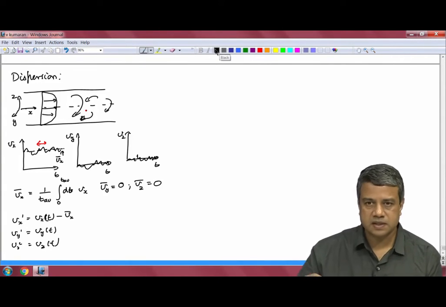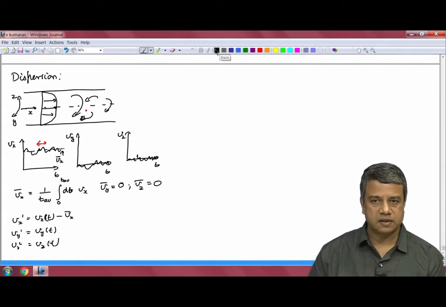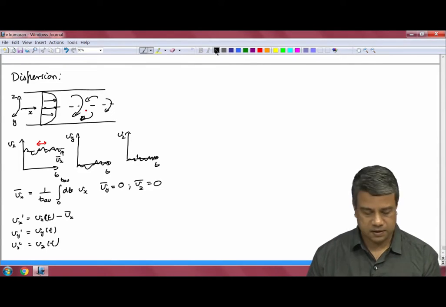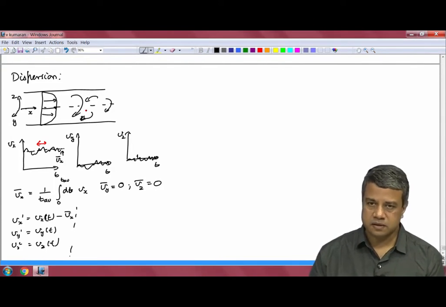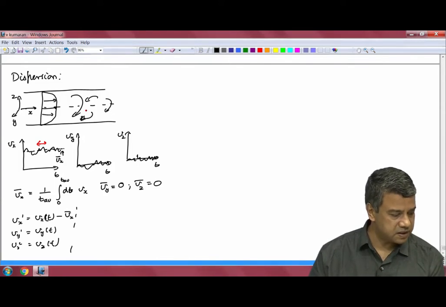These are fluctuations in the fluid temperature or the fluid concentration. So, the temperature and concentration can also be expressed as an average and a fluctuating value.